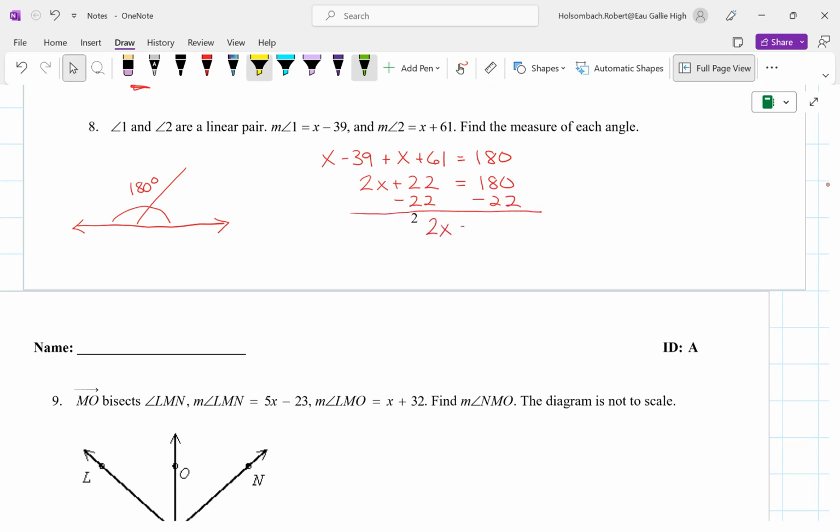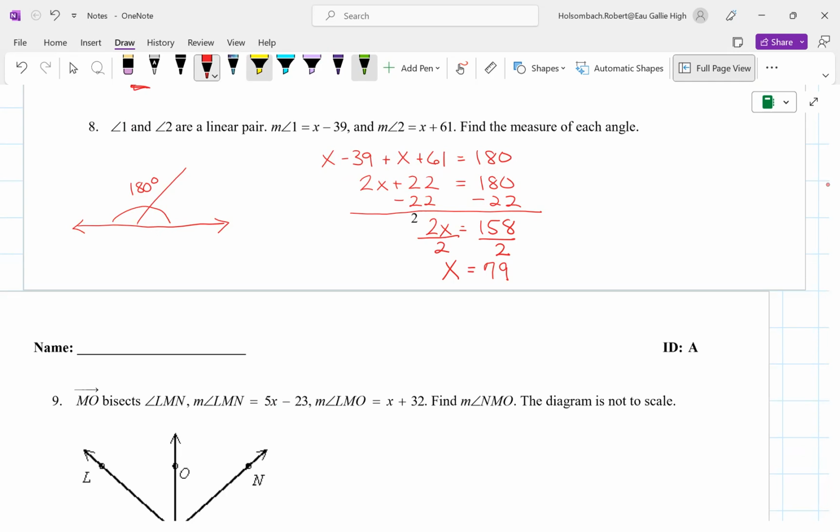So our 2x is equal to 158. And then I'm going to divide both sides by 2. So x is equal to 79.